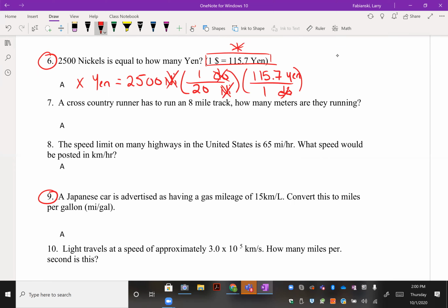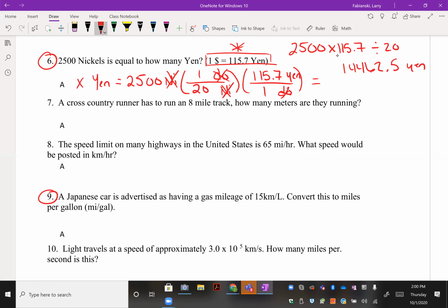Everything on the top is multiplied, everything on the bottom is divided. So you would need to punch into your calculator 2,500 times 115.7 divided by 20. In doing this, you get an answer of 14462.5.